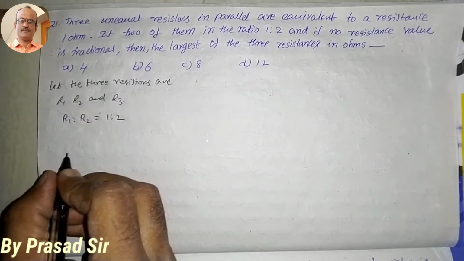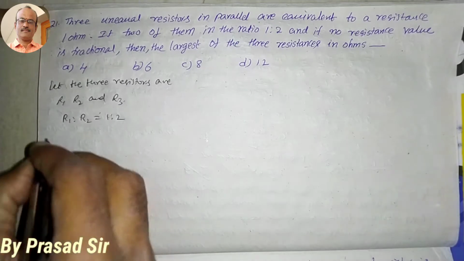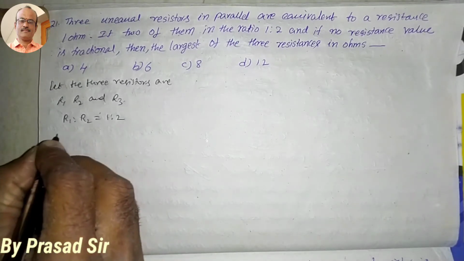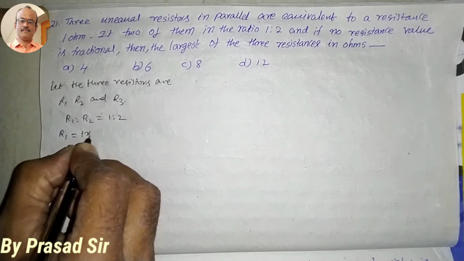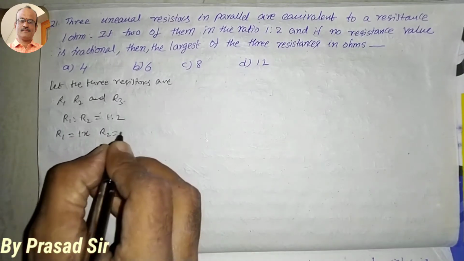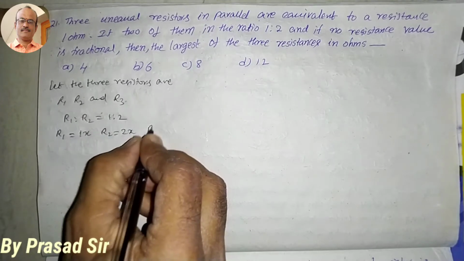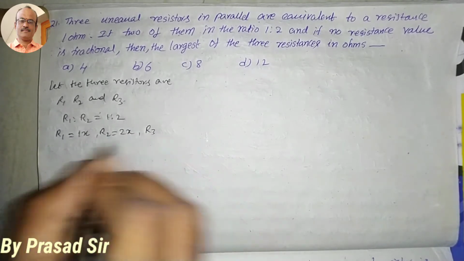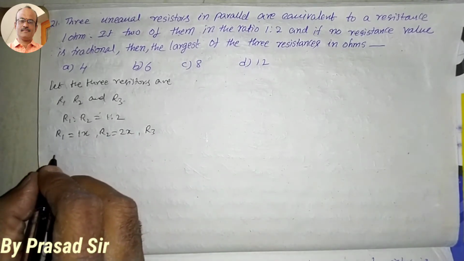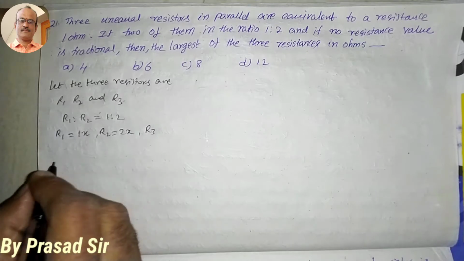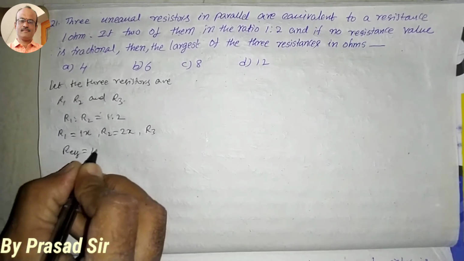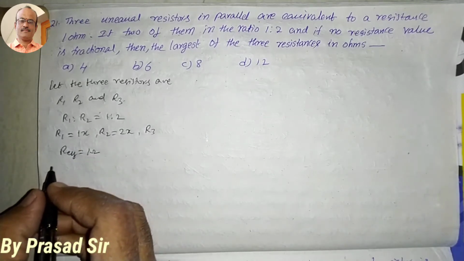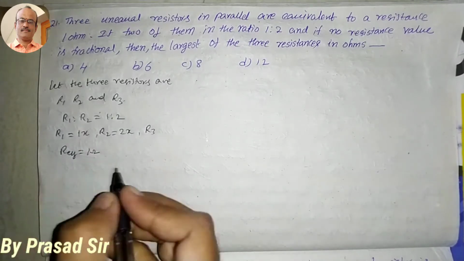That means any two resistances we will take as 1:2. So let us consider R1 is equal to 1 into x and R2 is equal to 2 into x, and R3 value I will write as R3. They also gave the equivalent resistance, that means R effective is equal to 1 ohm. And we need to find the largest resistance of all these.